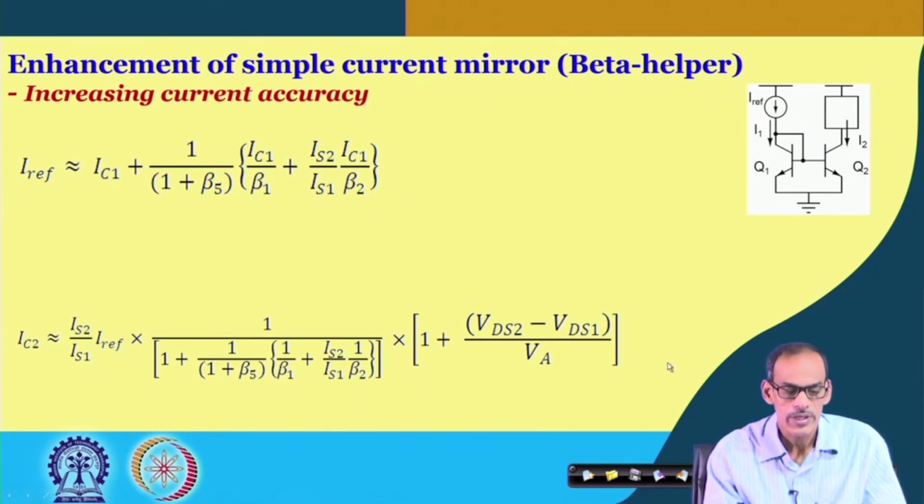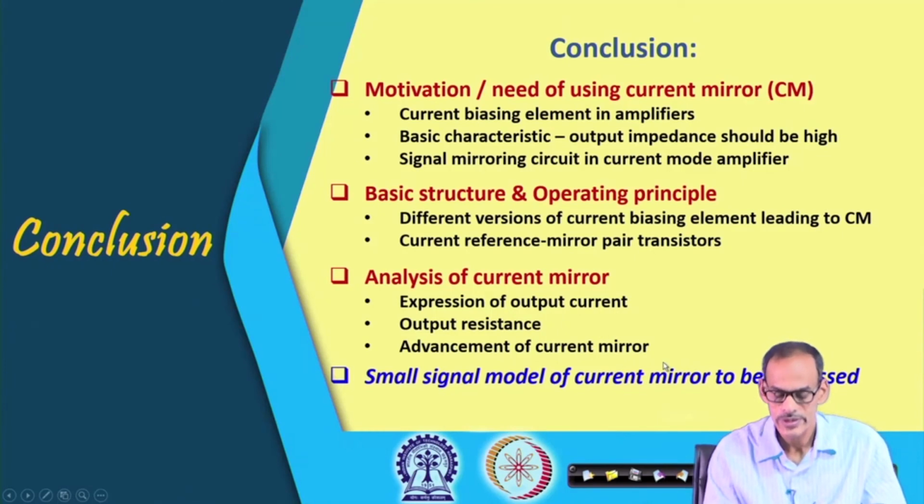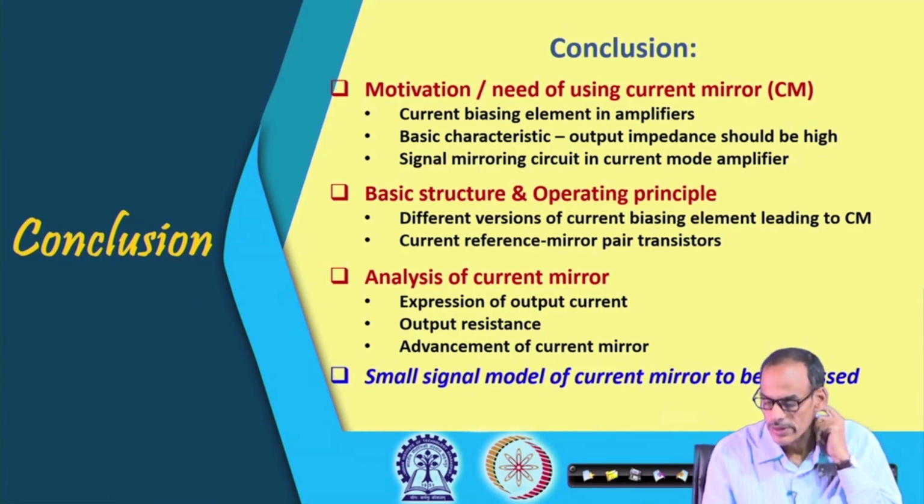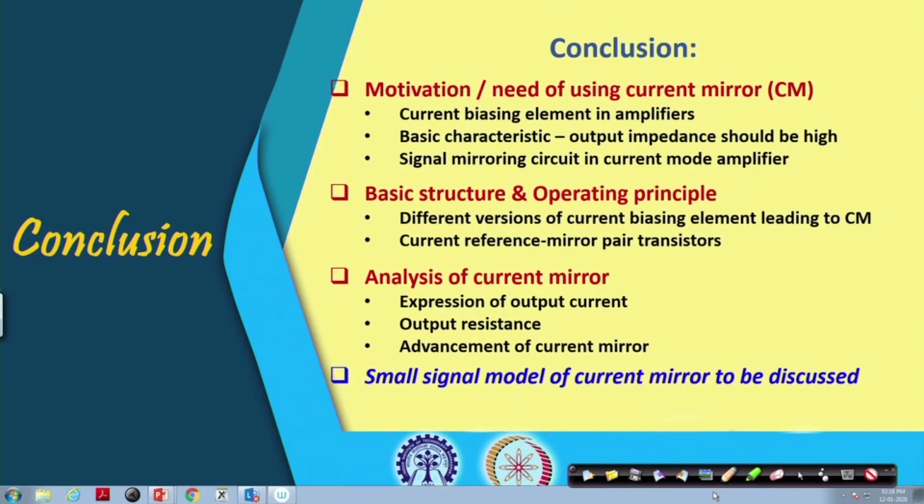Now, to summarize what we have discussed in this lecture, we started with the motivation for going for current mirror, namely to implement a current biasing element in an amplifier, we require a current mirror. We also discussed the basic characteristic, namely the output impedance of the current biasing element should be as high as possible.